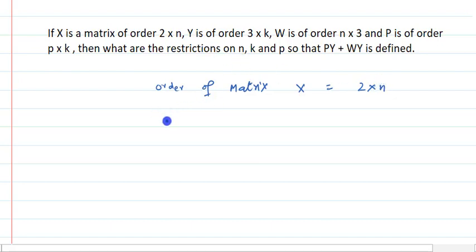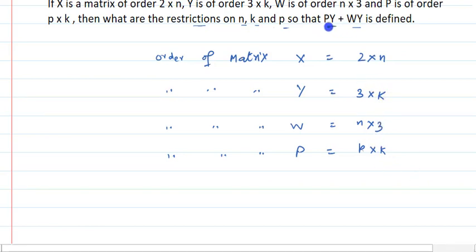Y is of order 3 by k. The order of matrix Y is 3 by k. W is of order n by 3. The order of matrix W is n by 3. And P is of order p by k. The order of matrix P is p by k.